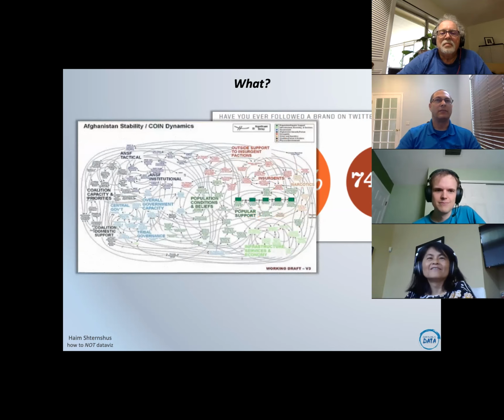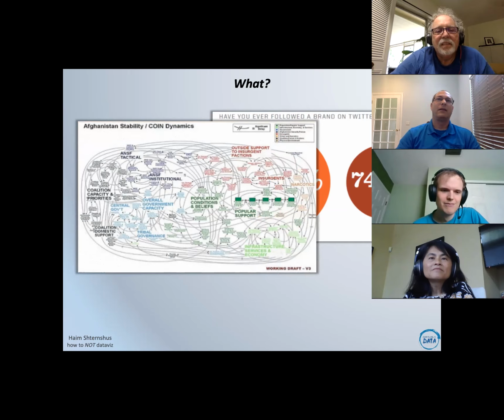Let's look at this one. Ooh. So I don't think they're deceiving. I don't think they're lying. But I think that this is a very, very poor example of data visualization. In my mind, it doesn't make the data any easier to grasp. Even though it might be easier than the way the data was arranged in the beginning, I don't know that.